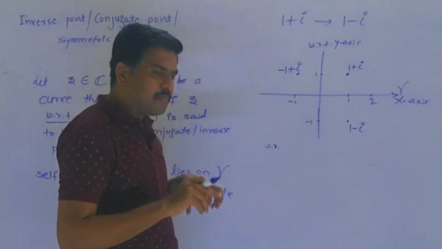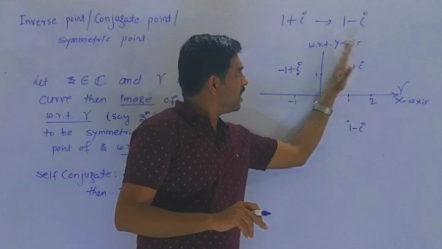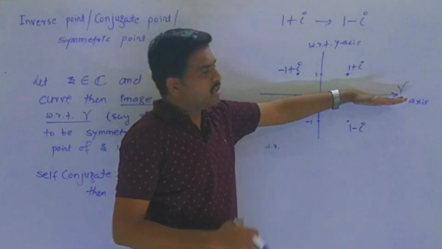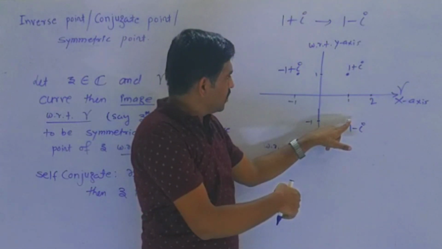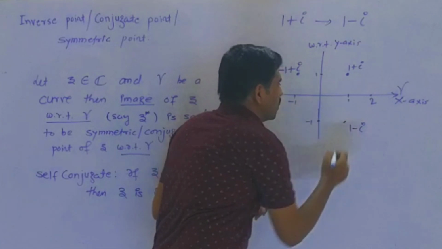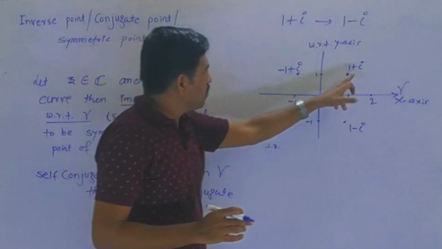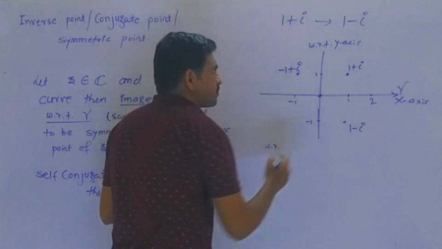Now my gamma curve, or mirror, is considered as the y-axis. When I say the x-axis is the mirror, then 1 plus i has conjugate 1 minus i, right? This is the position, 1 minus i. If I change again, same question, what is the conjugate of 1 plus i with respect to the origin?